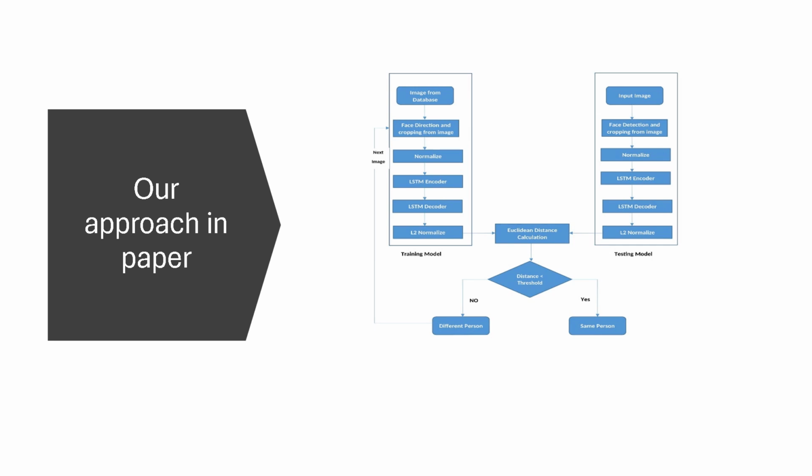Specifically, we have used a CNN to develop this model, and then Euclidean distance calculation will take place. The closer the distance is, the more closely the image will be mapped to text. So this is the core idea behind our approach used in the paper.